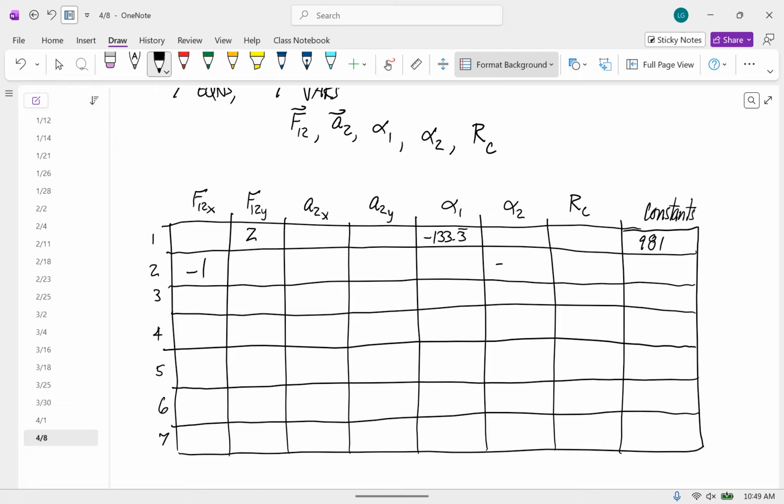Negative, for A2x. Negative 50. Okay. Okay. Negative 50 here. And then 1 for RC. And then the constant is 4. Okay.